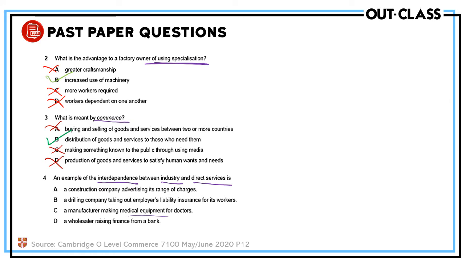Okay, we can think this to be the right answer. Let's see the last one as well. A wholesaler raising finance from a bank. I think the right answer should be C, because a manufacturer makes medical equipment for doctors and then doctors provide a direct service. So I think C should be the right answer.